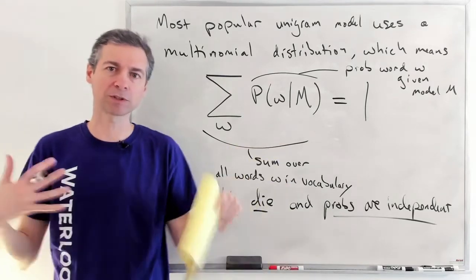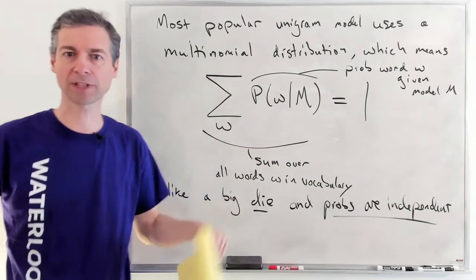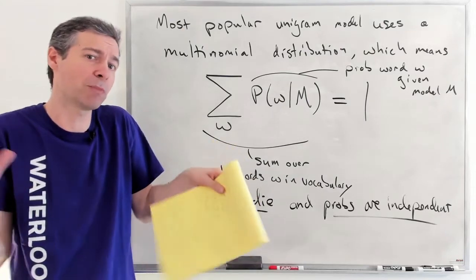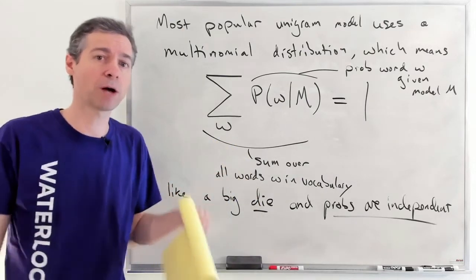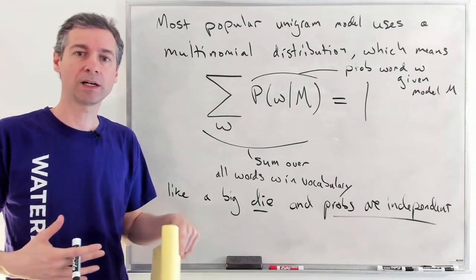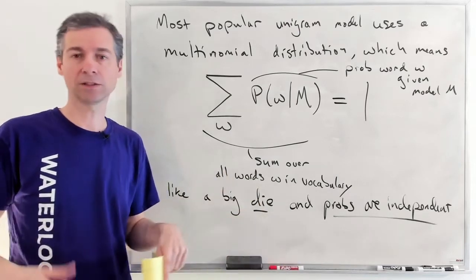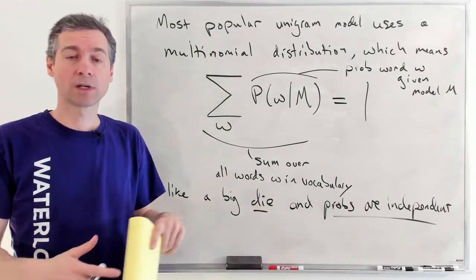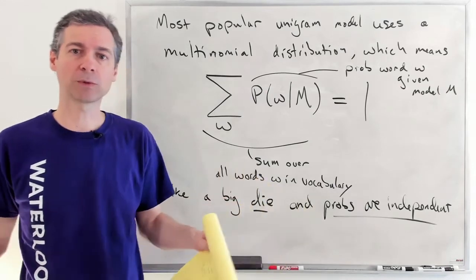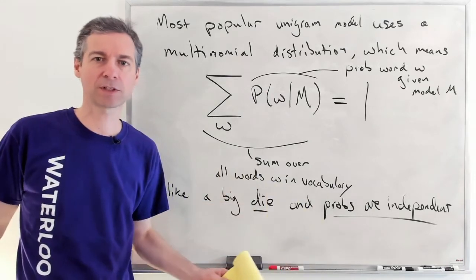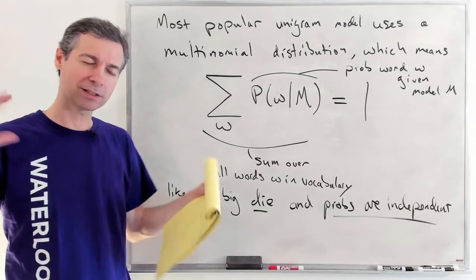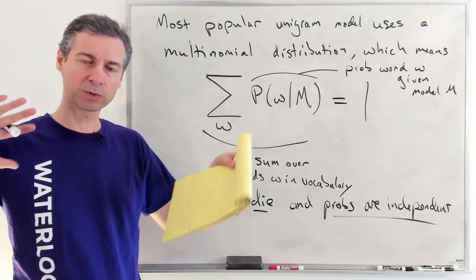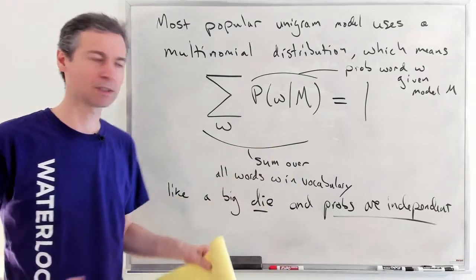Up came the word cat, with a probability of something like that. Whatever the text is that we've modeled, it's got some probability, let's say for the word the and cat, and maybe there are some words that it has no probability for, and if we rolled the die, that side would never come up.